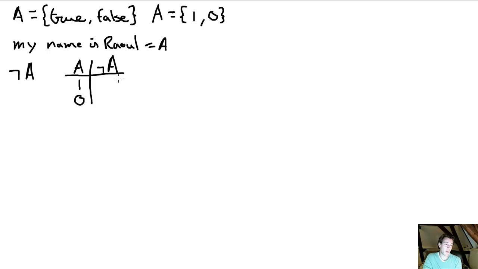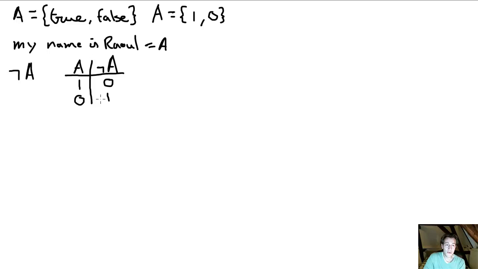So it's quite the inverse. If my name was Raoul, so the statement was true, then the statement now is false. And if my name was Tom, what would make this sentence false? It would make my name is not Raoul true, because then my name would be Tom. So I would be saying a true thing.